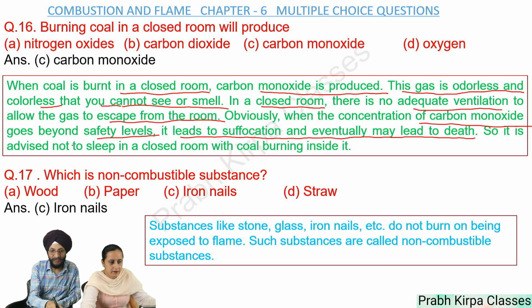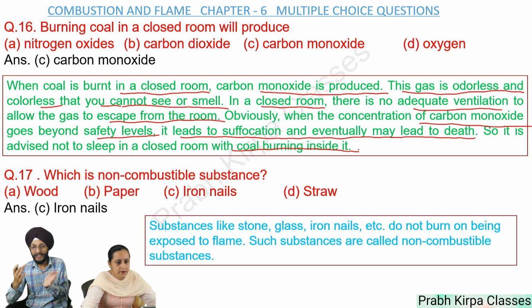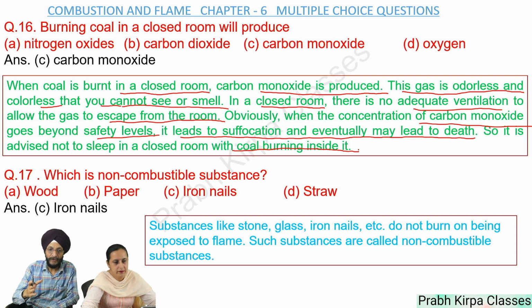So, it is advised not to sleep in a closed room with coal burning inside it. You may also be asked a question in the exam why it is not advisable to burn coal in a closed room. So we are giving explanation of each and every MCQ so that you may understand each and every aspect in a very satisfactory manner.